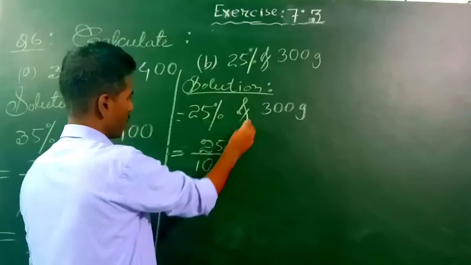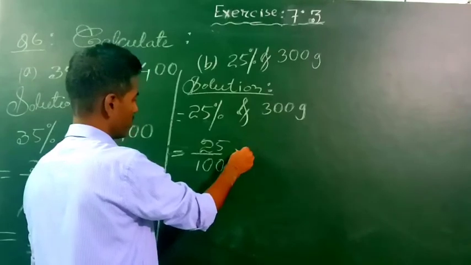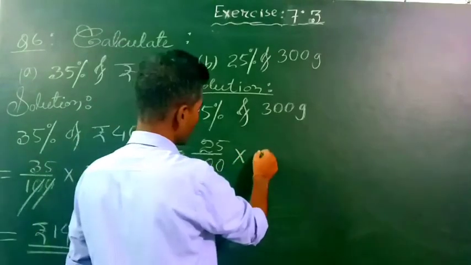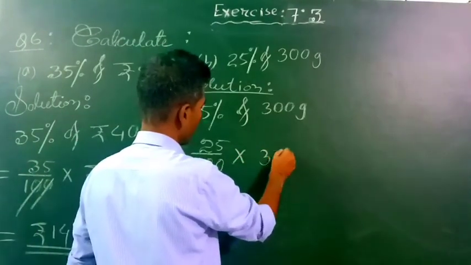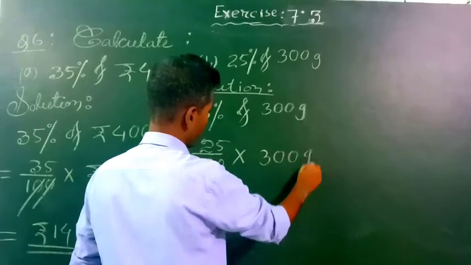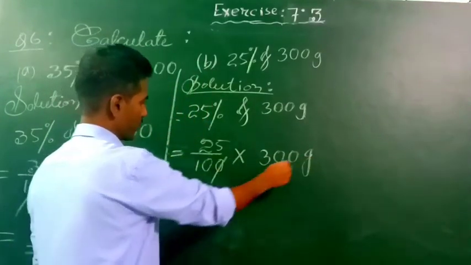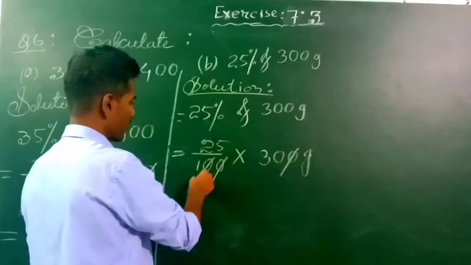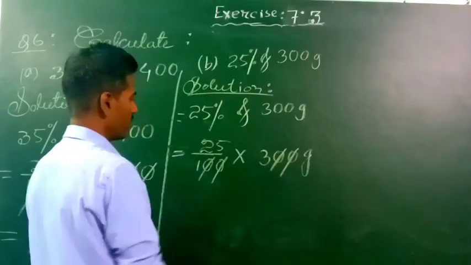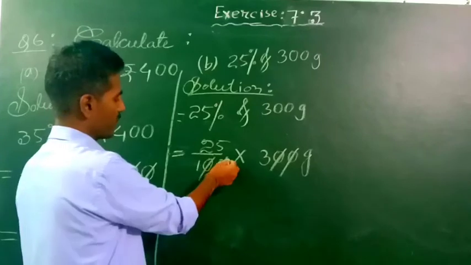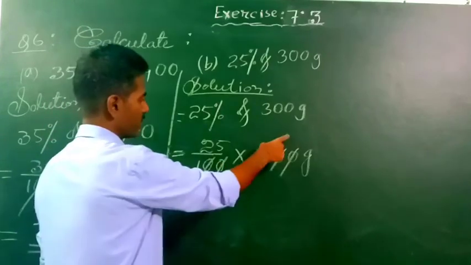Of means what? Into. Then what is there? 300 gram. Now see, zero cancels, zero cancels. That means you have divided by 100. 100 into 100. 100 into 3.